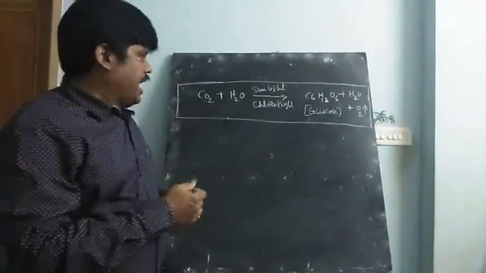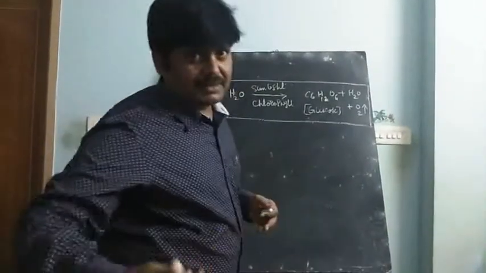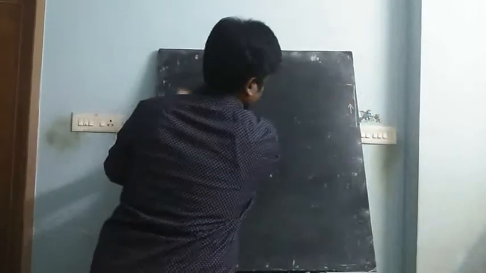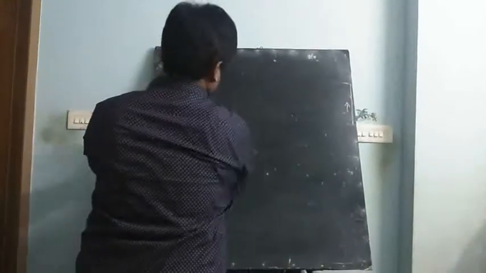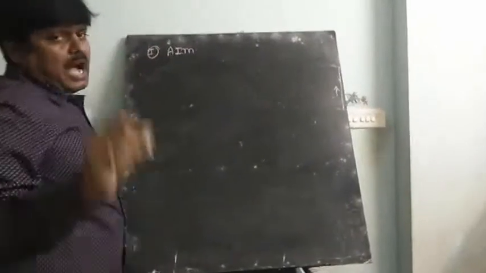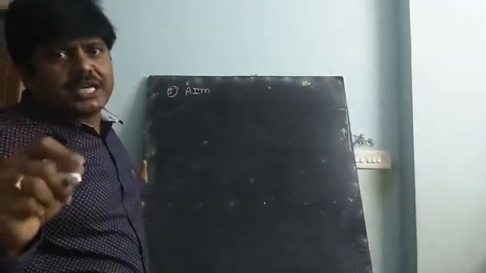Then we'll write the sections of this experiment. Aim. The question is, how can you prove that starch is present in leaves?